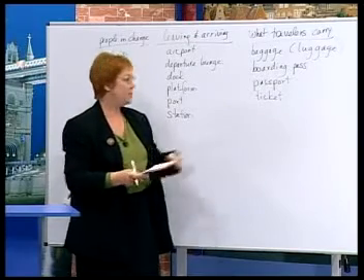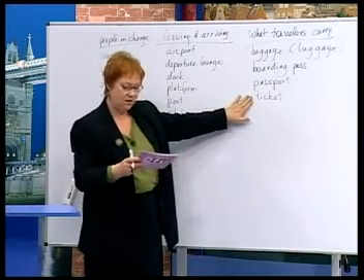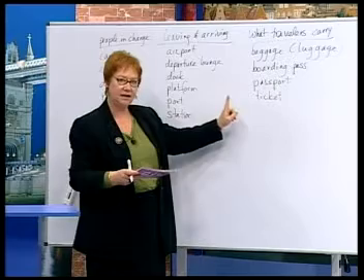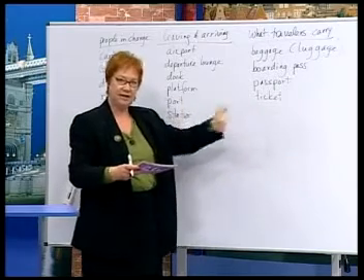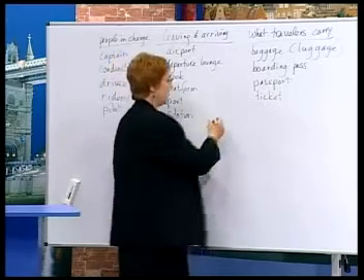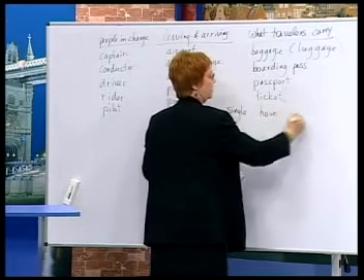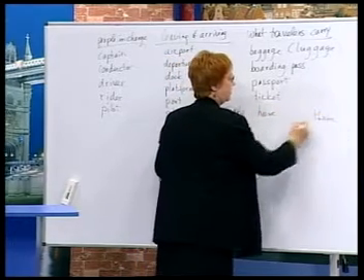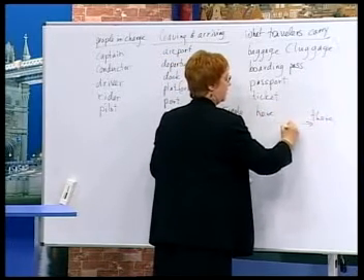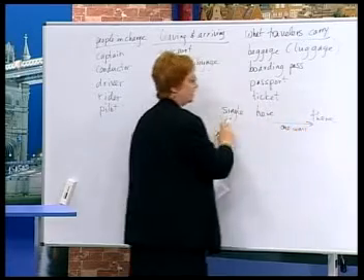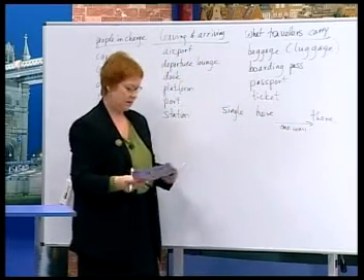Now, when we buy a ticket to travel, we can buy a single ticket or a return ticket. So a single ticket lets you go from here to there, just one way. Okay, a single ticket is also known as one way.